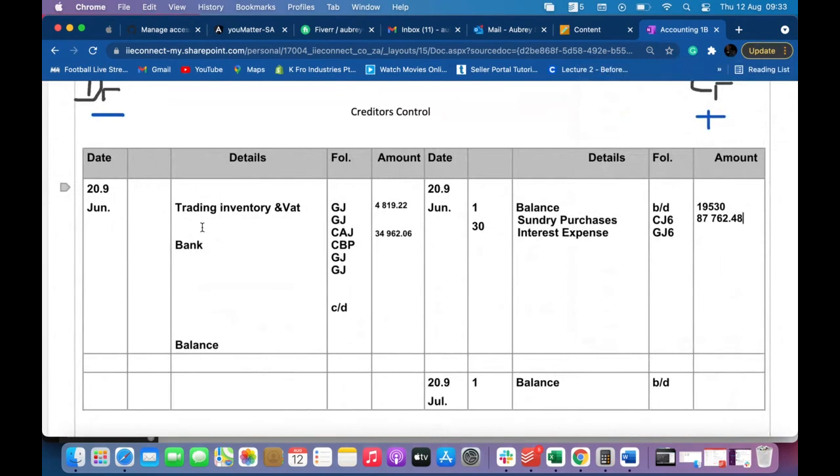Okay, yeah. So we know this is going to reduce our account, and here you're going to say sundry purchases returns.